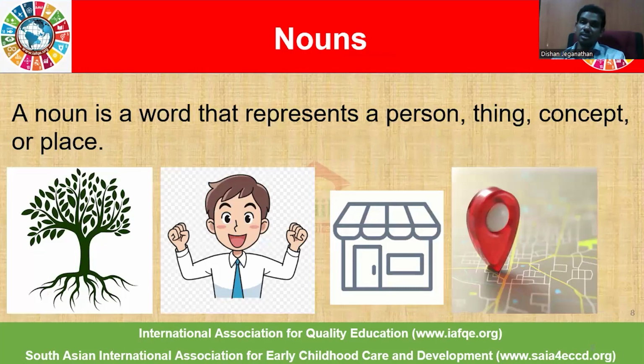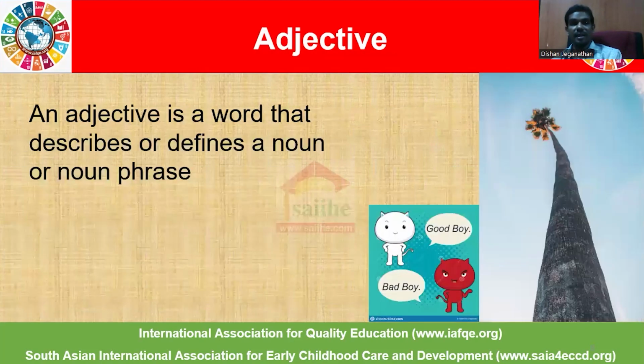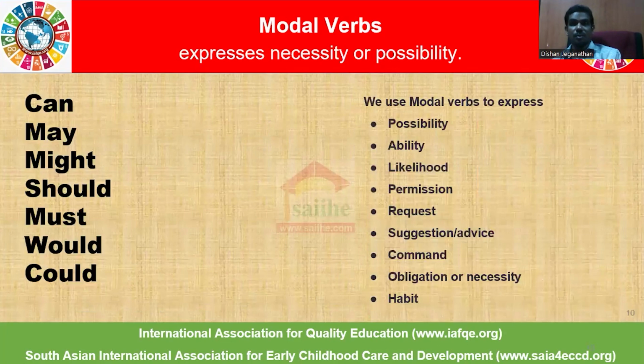A noun is a word that represents a person, a thing, concept, or place. And an adjective is a word that describes or defines a noun or noun phrase. The modal verbs, which we have already seen in our previous lesson, lesson 13, are can, may, might, should, must, would, and could.